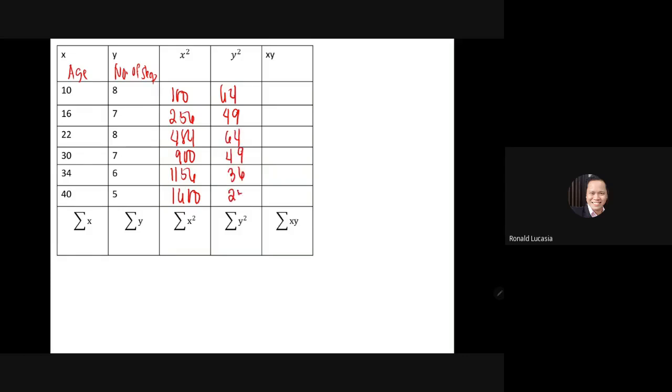And then XY will be, you multiply this to this, that's 80. 16 times 7, that's 112. 22 times 8, that's 176. 30 times 7, that's 210. 34 times 6, that's 204. 40 times 5, that is 200.